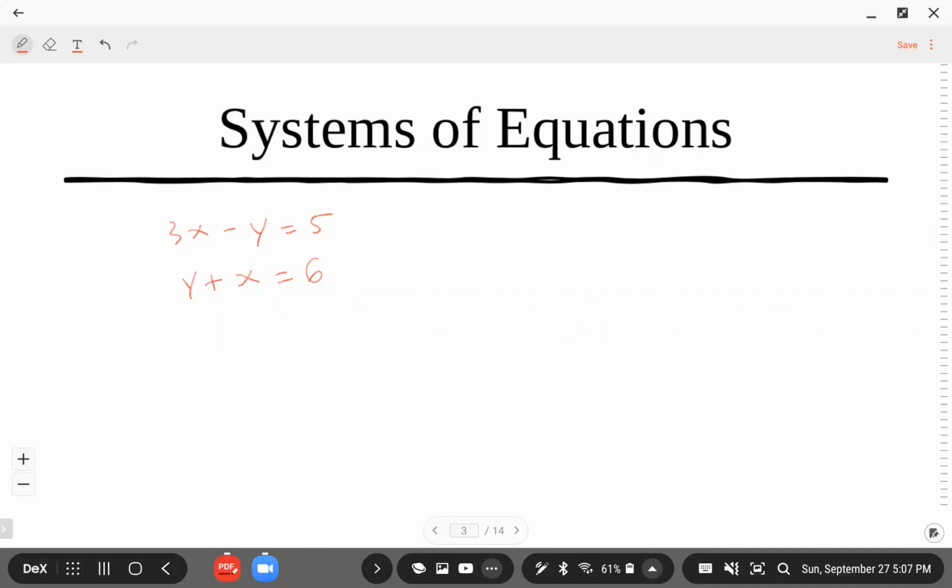Another example with 3 variables, maybe x, y, and z. So 2x plus y plus z, something like that, equals 3, something like that, okay? And then 3z plus 2y minus x equals 15, okay?